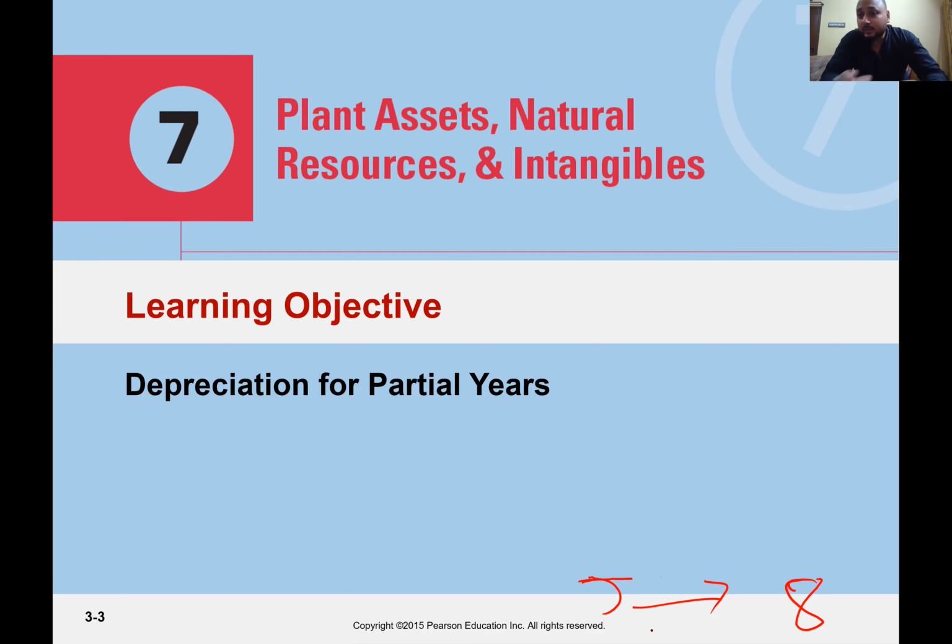Its life increased. We divided our depreciation by the number of years, 5, but now the number of years has changed. Also, what if we want to calculate per month depreciation? Because the formula gives us annual depreciation, we need to handle partial years. So let's talk about that.